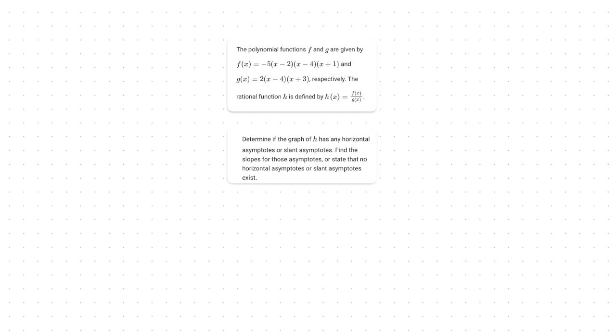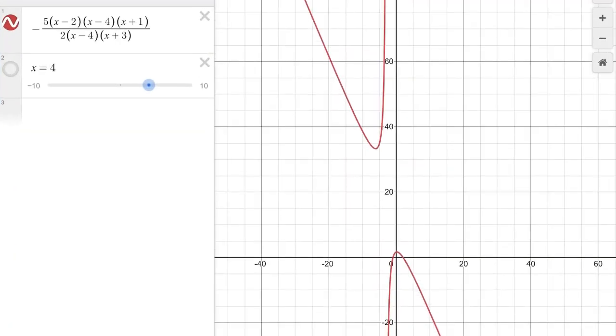However, you might make it more difficult because you think you would have to use the graph for this. Since this is a graphing calculator question, you think, oh, I need to use the graph for this. Then you look at this and go, how can I tell there's a horizontal asymptote or a slant asymptote? I mean, there's clearly a slant asymptote, but how can you figure it out with the graph?